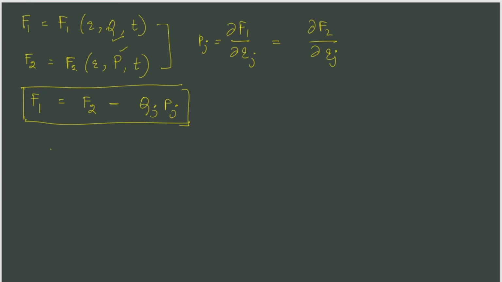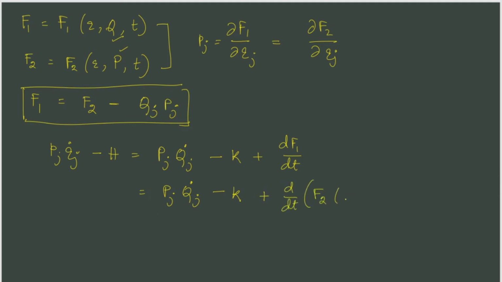If we do that, then we already had, but f1 is f2 minus qj and pj, so we will write that, and this would be, now remember f2 is a function of old coordinate, new momentum and time.